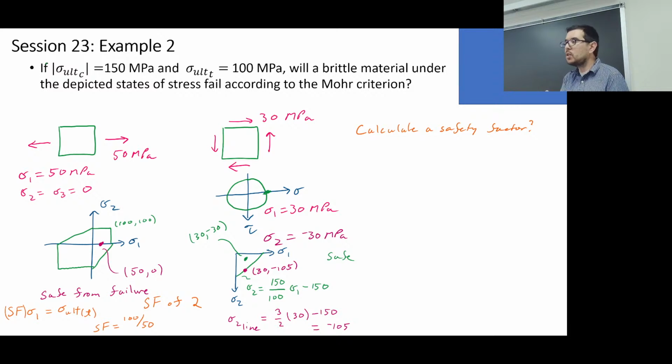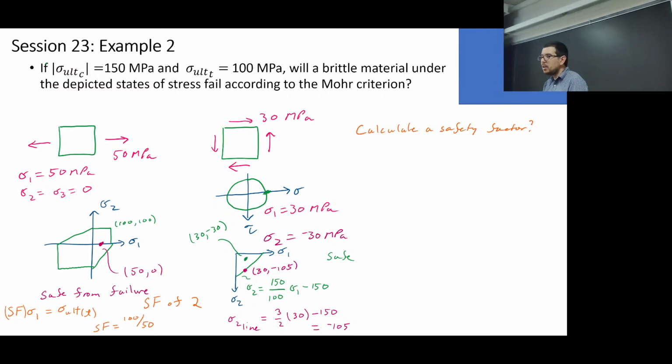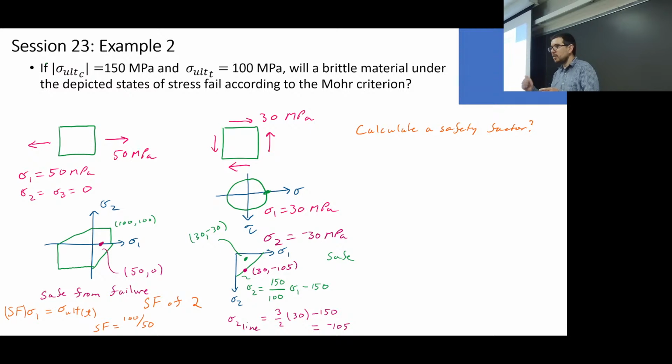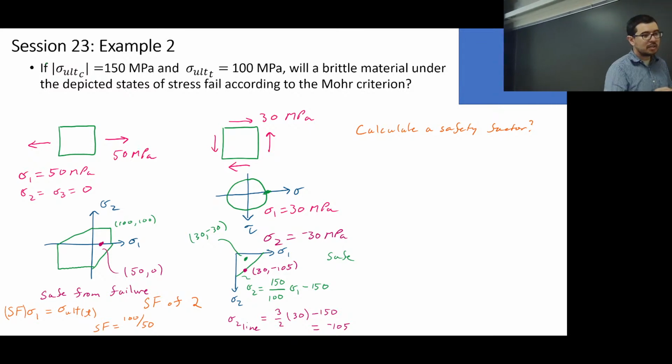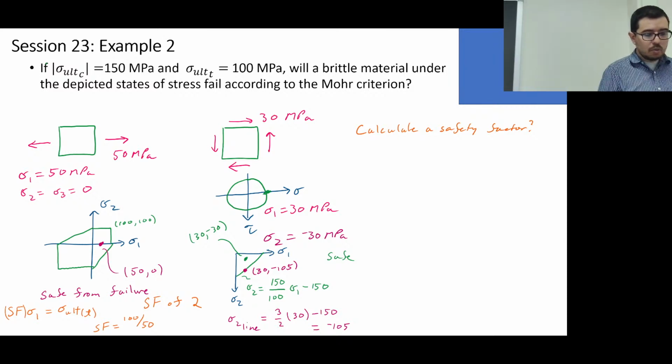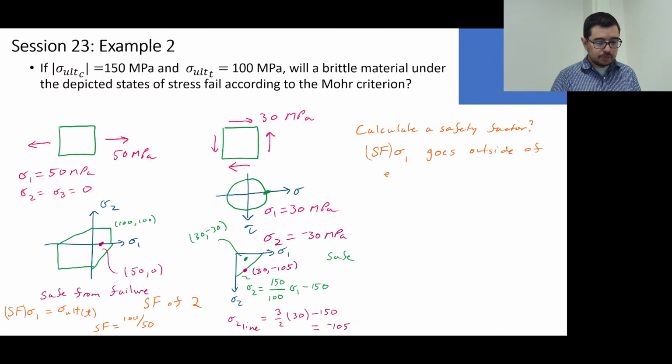What I have to do is come up with a factor by which I multiply the shear stress I have here such that it touches the envelope line. That will be my safety factor. This is a little bit confusing. So what we want to see is when we multiply sigma 1 by a value, we go outside of the envelope.